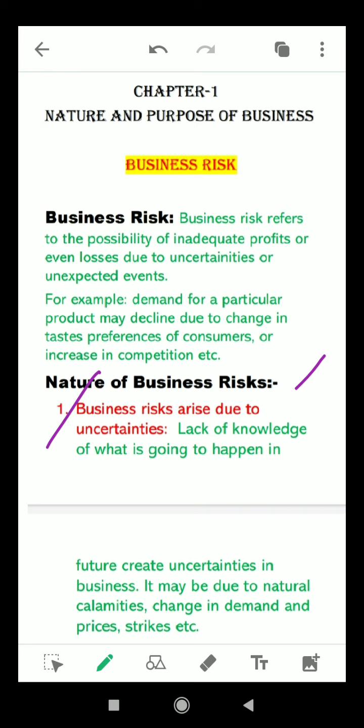We never know what is going to happen in a few seconds. The assumptions on which business decisions are taken may not prove correct. The uncertainties may arise due to change in demand, consumer preference, government policy, economic factors or natural calamities. All such uncertainties bring risks in business.